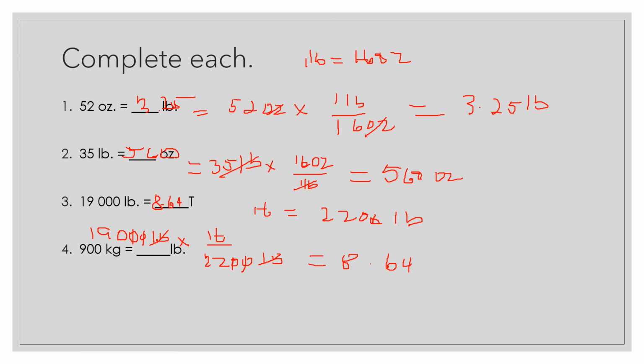Okay? Next. Okay, so we have 900 kilogram to pounds. So, we know that for 1 kilogram, we have about 2.2 pounds, no? Don't forget this unit kasi hanggang pagtanda nyo, gagamitin nyo yan.